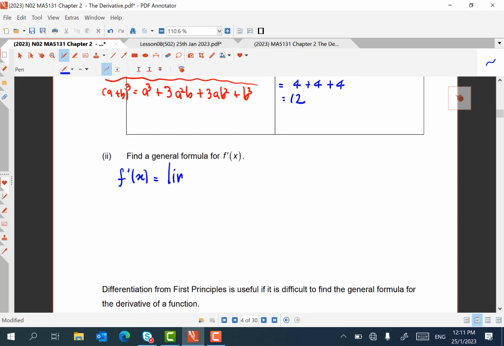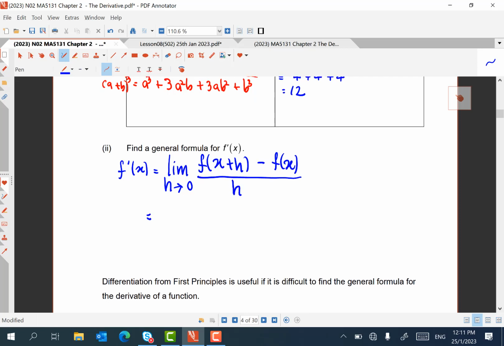This becomes, and this gives you the limit of (x plus h) cubed minus x cubed.